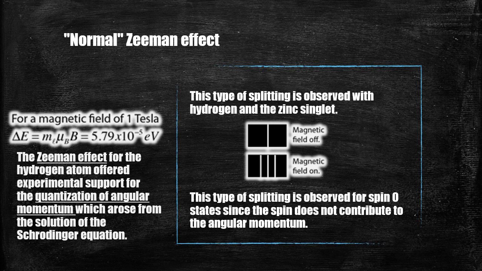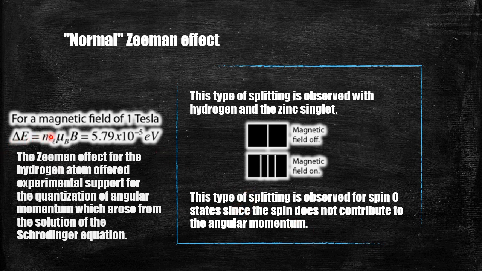Normal Zeeman effect: this type of splitting is observed with the hydrogen and the zinc singlets, as we already saw at the start of this lecture. This type of splitting is observed for spin zero states, since the spin does not contribute to the angular momentum.